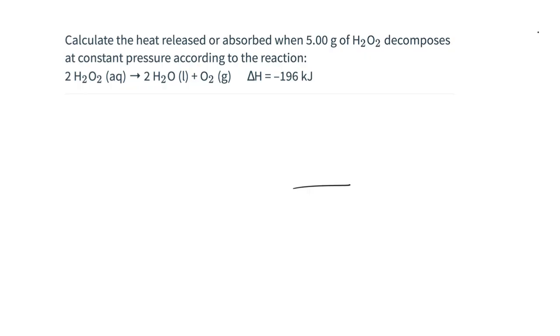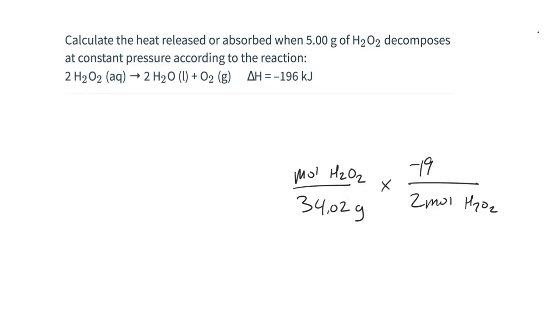So the molar mass of hydrogen peroxide would be 2 times 1.008 plus 2 times 16.00. That's 34.02. And then I can use my conversion factor from my delta H that for every 2 moles of hydrogen peroxide that reacts, the heat that the reaction changes by is 196 kilojoules negative.